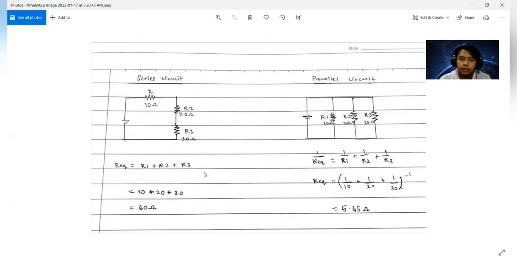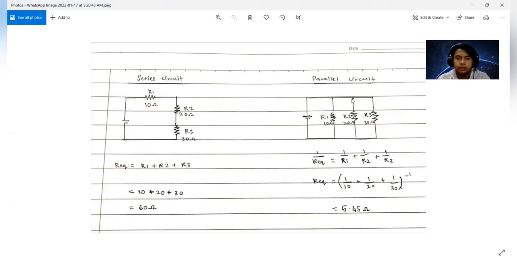Let's say we put the resistor values for R1, R2, R3 as 10 ohm, 20 ohm and 30 ohm. For the series circuit, if we calculate, we will get the answer 60 ohm. For the parallel circuit, we will get the answer 5.45 ohm.